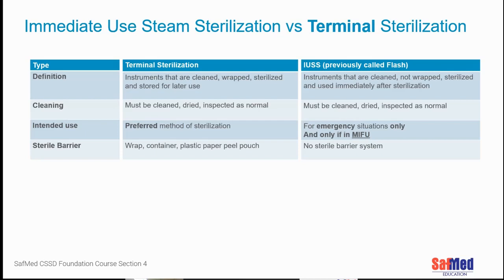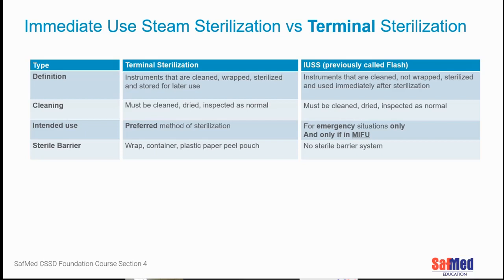Immediate use steam sterilization used to be known as flash, where instruments are cleaned, not wrapped, sterilized, and used immediately after sterilization. Remember, they still need to be cleaned, they still need to be dried, they still need to be inspected, they still need to undergo all of those processes before you use them.